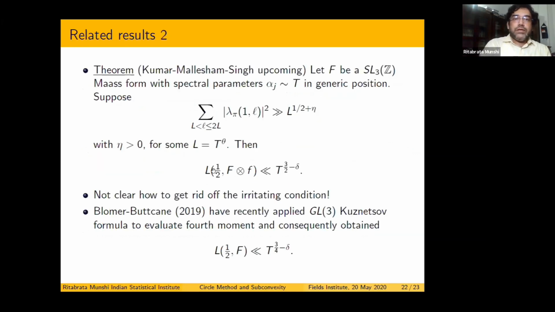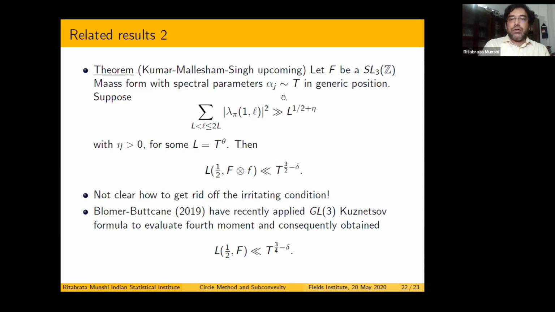There is another work due to Kumar, Mallesham and Singh, where they fix the small f and vary capital F. So if capital F has spectral parameters alpha j's of size T, and suppose they're in a generic position, so alpha 1 and alpha 2 are not near each other, alpha 2 and alpha 3 are not near, and all of them are of the same size, capital T. It's a conditional result, so you have to assume that the Fourier coefficients are not that small that often, then you get a subconvex bound.